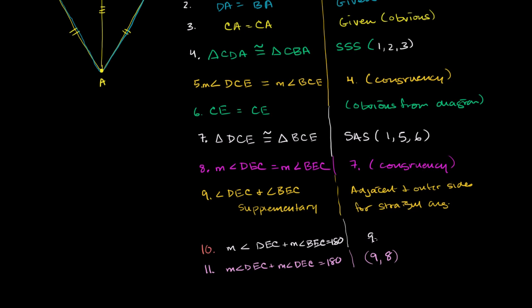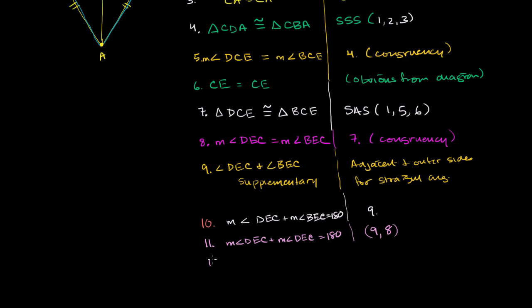We essentially just took statement 9 and substituted that the measure of BEC is the same as the measure of DEC. And so then, for statement 12, we could say the measure of angle DEC is equal to 90, which is equal to the measure of angle BEC. And this comes once again straight out of statements 11 and 8.